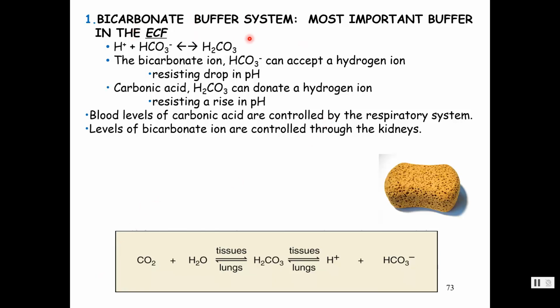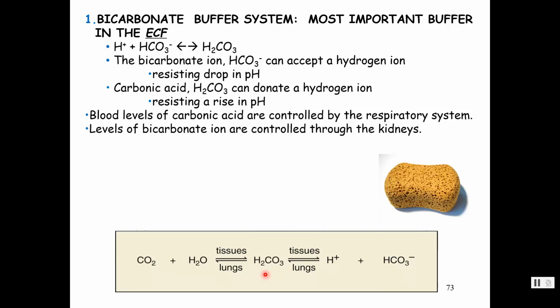So the bicarbonate buffer system, this is the one I said you needed to know this formula. We've talked about it already, but it's the most important buffer in extracellular fluid, particularly in the plasma. And so we've got these arrows that go back and forth, they're in equilibrium. And so here we have our hydrogen ions. This bicarbonate ion can accept that hydrogen ion, become carbonic acid.